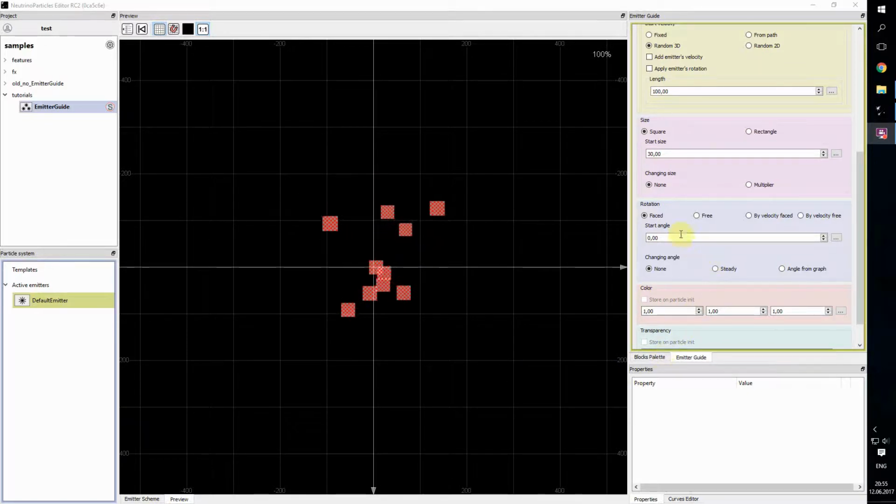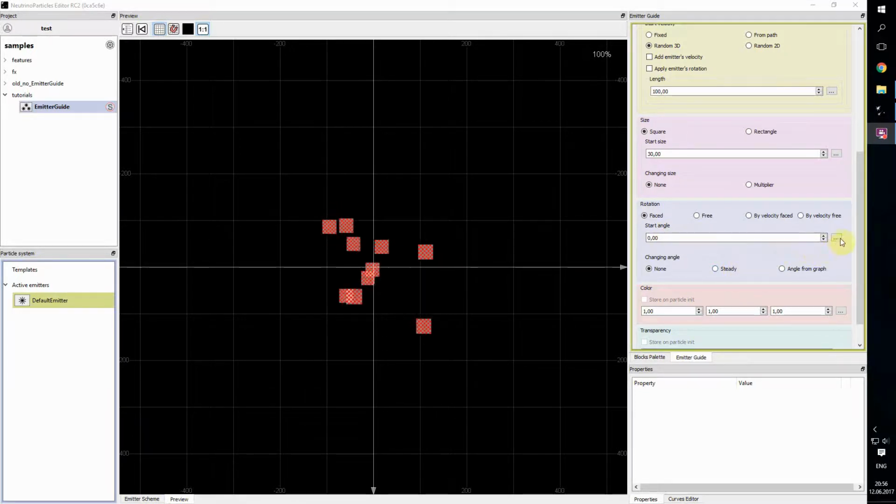In this mode you have two subsections: start angle and changing angle. They are pretty similar to subsections of the size section. So you have some starting angle for each particle, and then you can specify how this angle should change during particle's life.